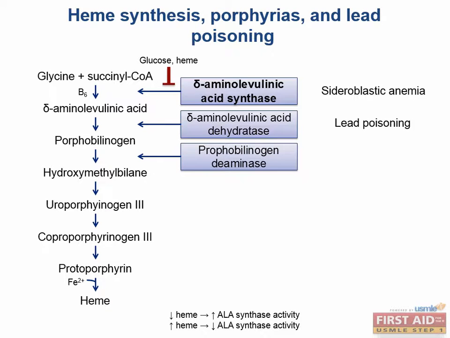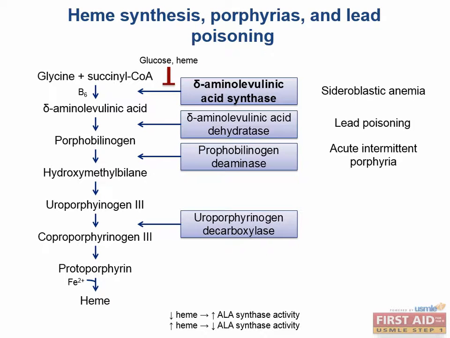This reaction is important because deficiency of the active enzyme leads to the second most common porphyria, acute intermittent porphyria, or AIP. The next important reaction is the conversion of uroporphyrinogen 3 to coproporphyrinogen 3 via the enzyme uroporphyrinogen decarboxylase.